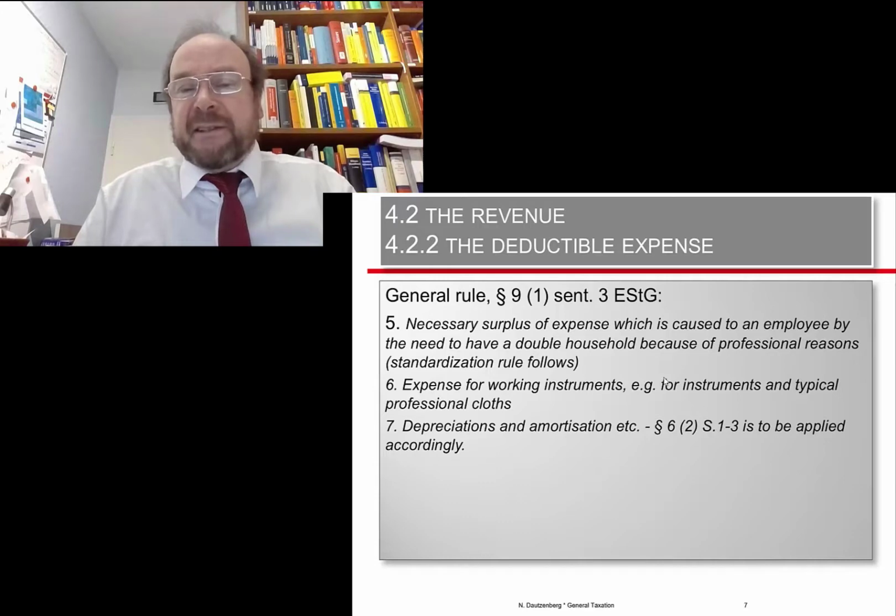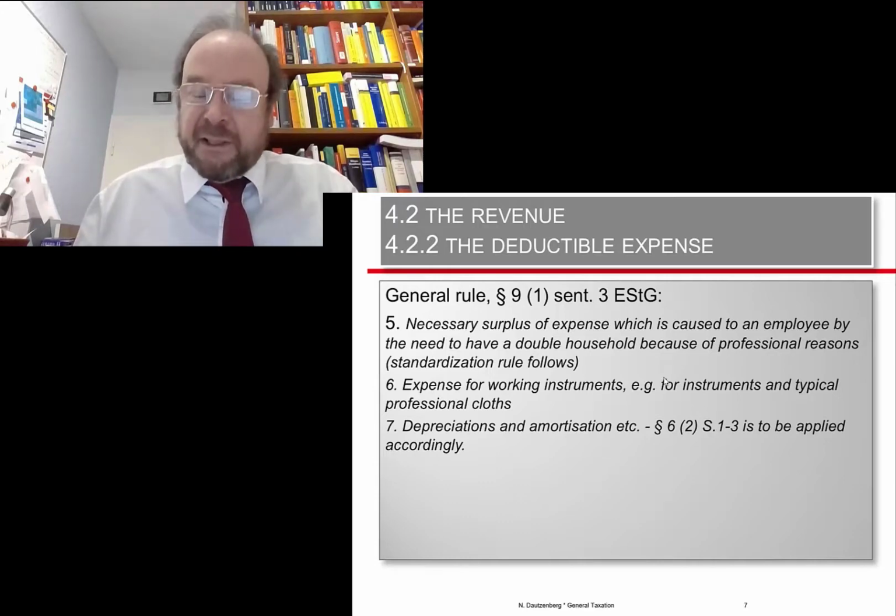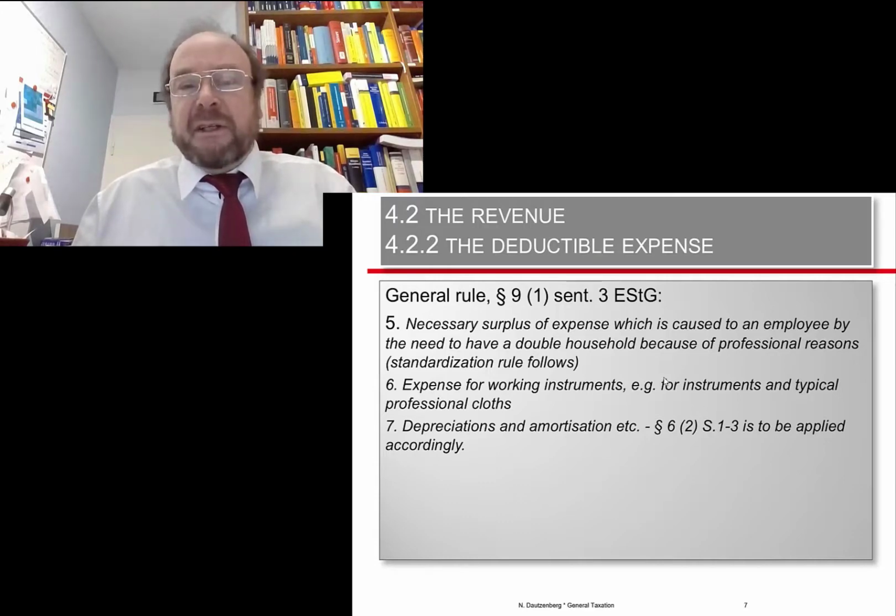In that case, that second household might be incurred only in order to keep that job, and so that might be regarded as income-related expenses. There also certain standard rules follow in order to set a clear limit against second homes which are caused by private motives.